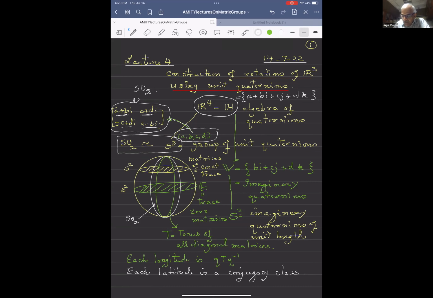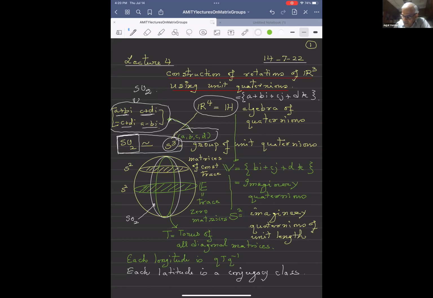Once you have this isomorphism, you might wonder: on the SU2 side, I have group-theoretic data. SU2 has its conjugacy classes, it has its subgroups. On the S3 side, I have some curves. If you have a 3-dimensional sphere, you can think of latitudes and longitudes.